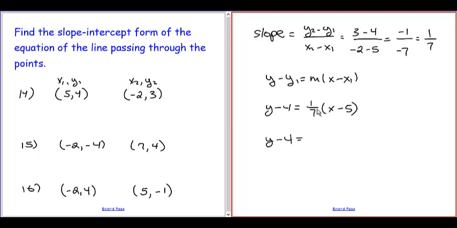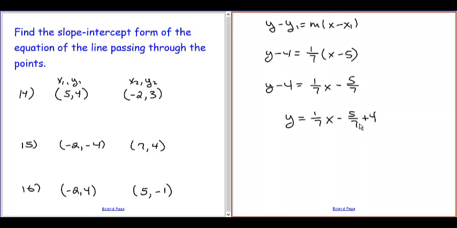So we're going to multiply this 1/7 times each one of those terms. And then we're going to move the 4 from the left-hand side over to the right-hand side. When we do that, the sign is changed. Then we'll rewrite that term in terms of the denominator of the fractional part.